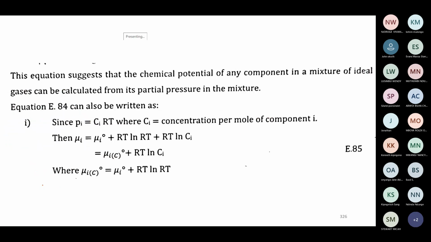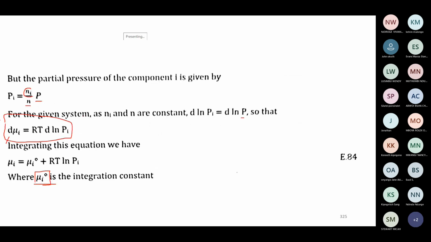So this equation suggests that the chemical potential of any component in a mixture of ideal gases can be calculated from the partial pressure in the mixture. This is what we are seeing here.